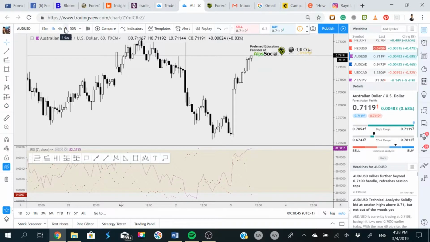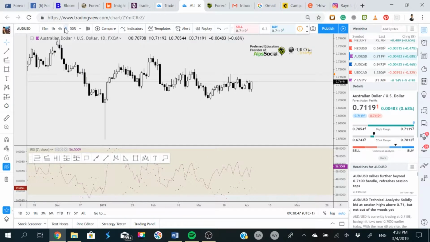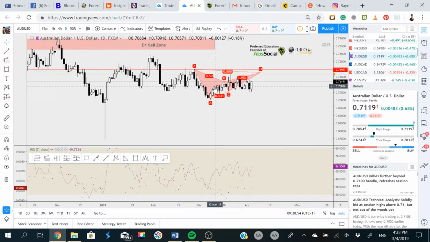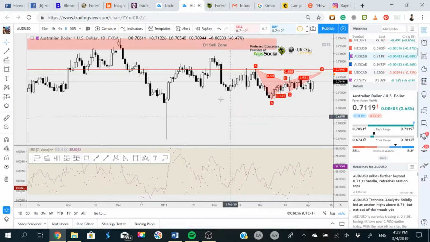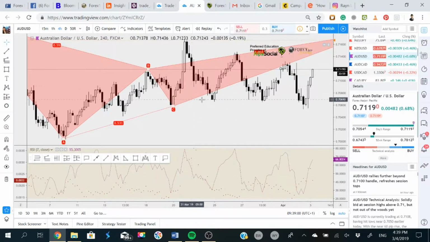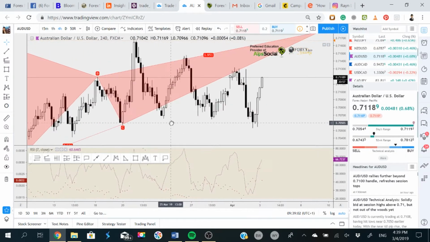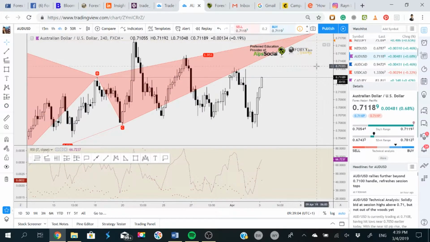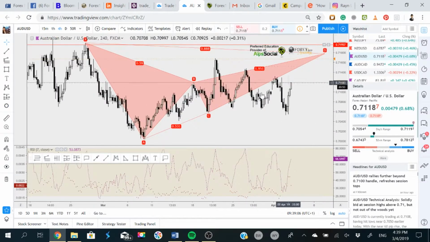Head back to the daily chart. I'll share with you my analysis. On the daily chart, we have a very simple sell zone over here, waiting for a selling opportunity. Head down to 4-hour. The market has a lot of choppy movement on the Australian dollar right now.